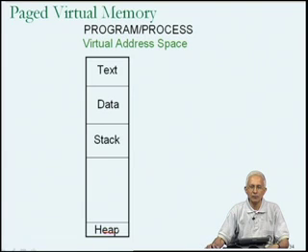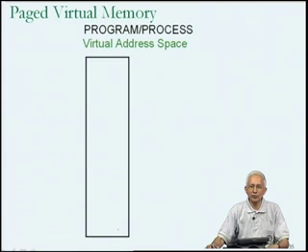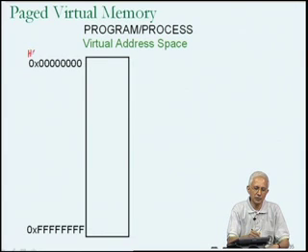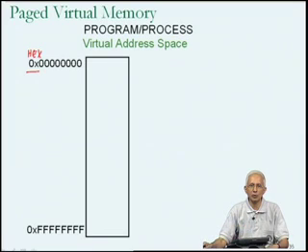We also know that this virtual address space can be viewed as the addresses from 0 up to some maximum possible address. So in this notation, rather than writing address 0 at the top and address 2 power 32 minus 1 at the bottom, I'm showing you the addresses in hex notation. Remember, whenever you see a number which is prefixed by 0x, that means that it is being shown to you in hexadecimal or hex notation.